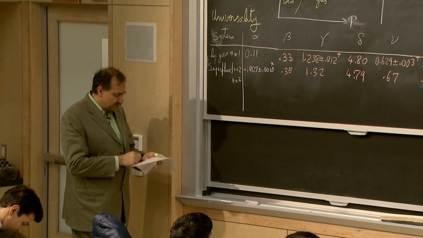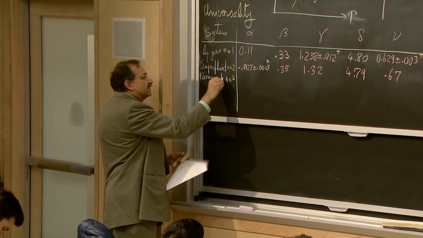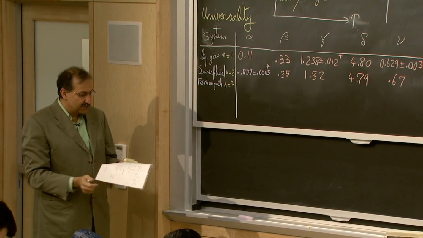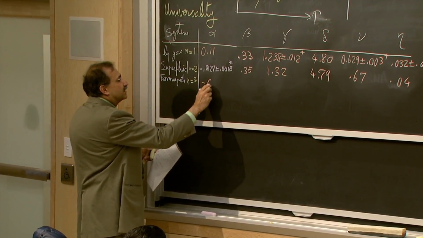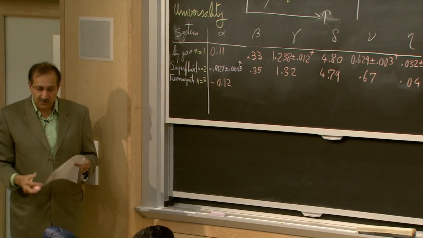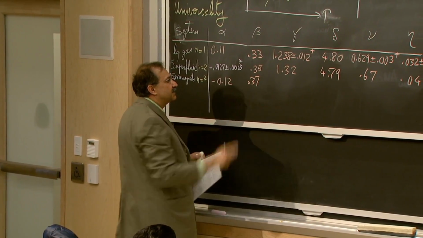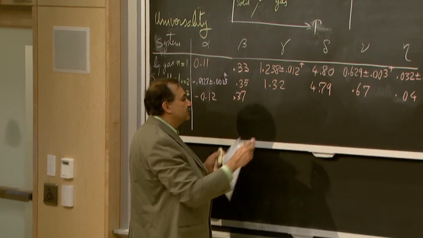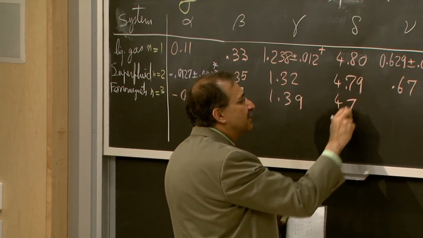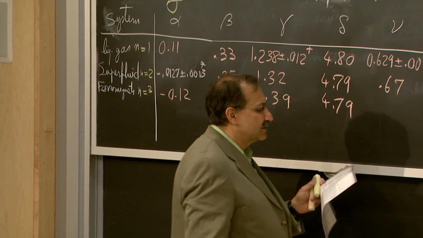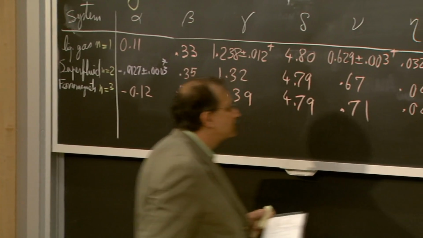For n equals 3, we could look, for example, at standard ferromagnets. And exponents here, alpha is really even more negative, around minus 0.12. It doesn't diverge. Beta is 0.37. Gamma goes up to 1.39. Delta is more or less the same. Mu is 0.71. Eta is roughly the same.